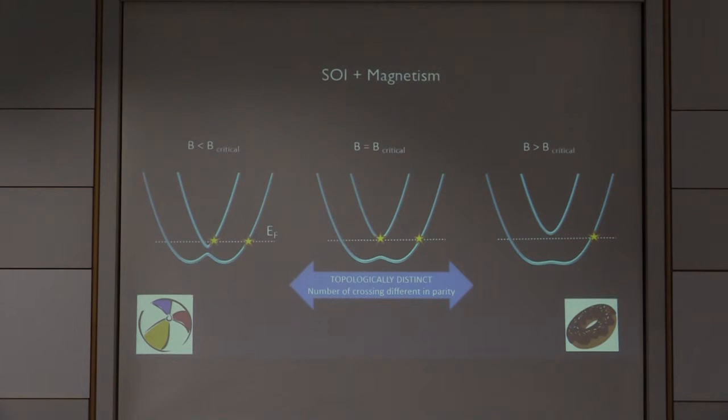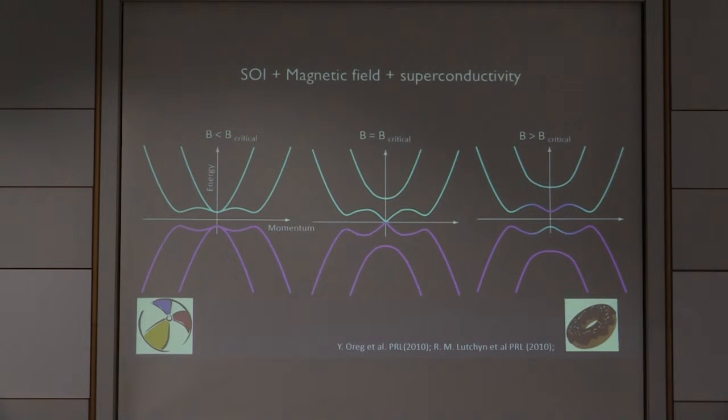And when you add superconductivity to this picture, nothing essentially changes. What you have is twice as many bands, just because of electron-hole symmetry. That's why you have this cyan and this purple band. The other thing which superconductivity induces is a gap.